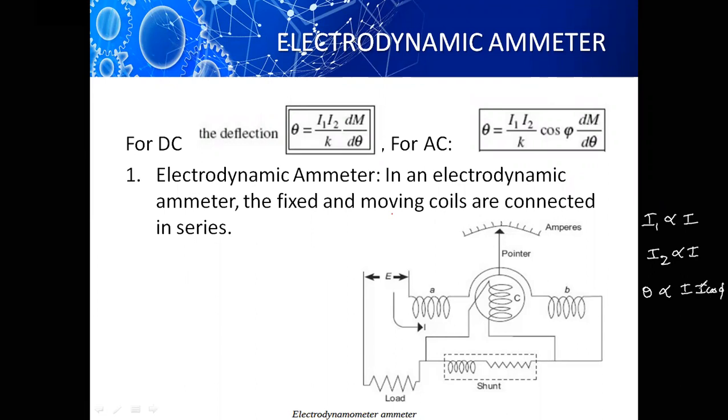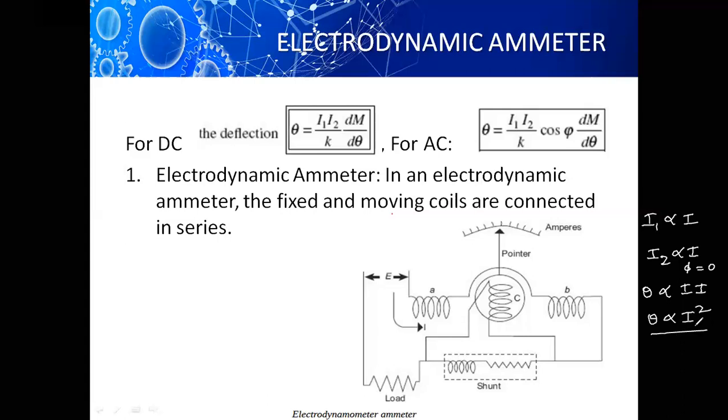Here, because the same current is flowing through both coils, phi is considered as 0 and cos phi cancels out. So we can write it as I and I. Now I can write that theta is proportional to I square.